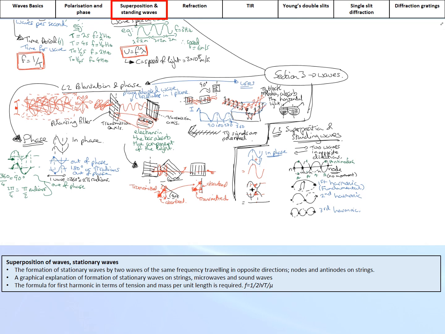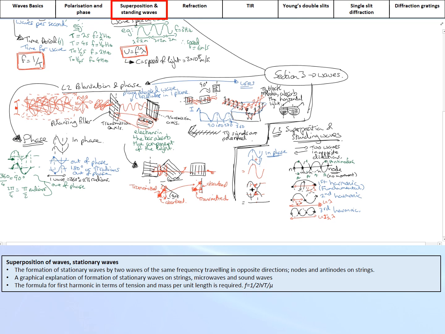Now, how much of a wavelength is this? Well, the distance between two nodes is half a wavelength. That's also half a wavelength, meaning that from here to here, the length of the string is 2 lots of half a wavelength, which is the whole wavelength. Here, for the third harmonic, the length is 1.5 wavelengths.